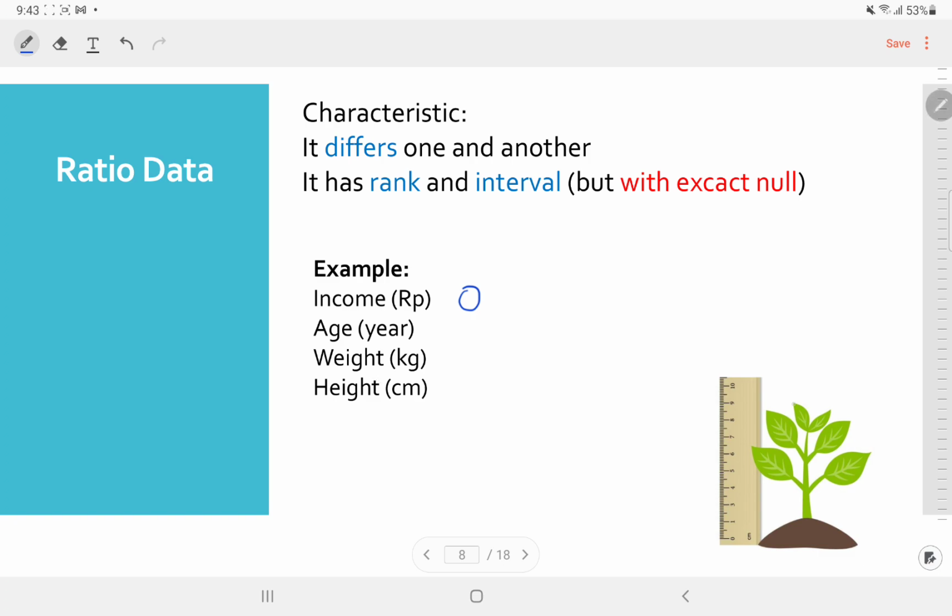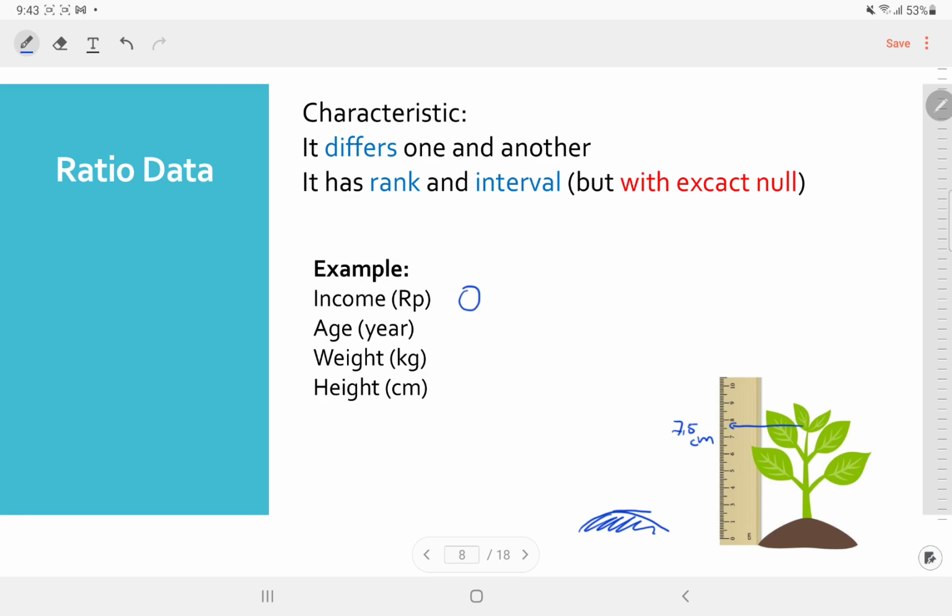So here the height of the plant is 74.5 centimeters, for example. But if it has not grown yet, it's still under the surface, it means that it is 0 centimeters.